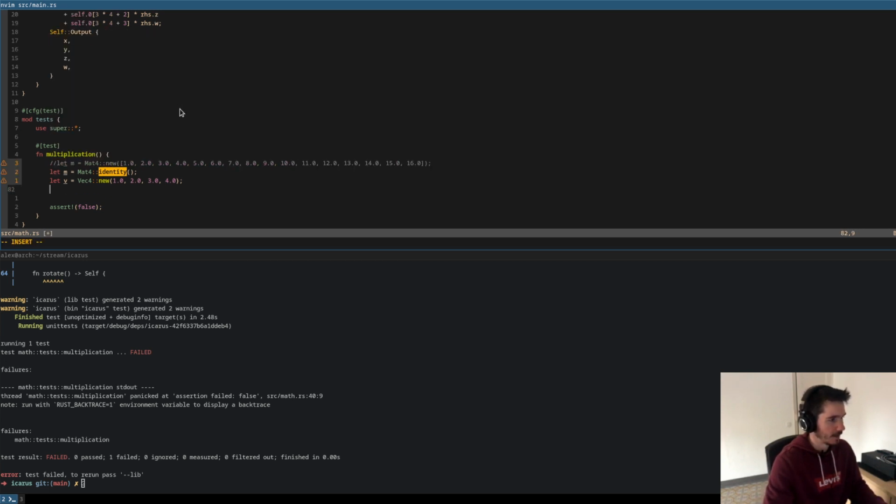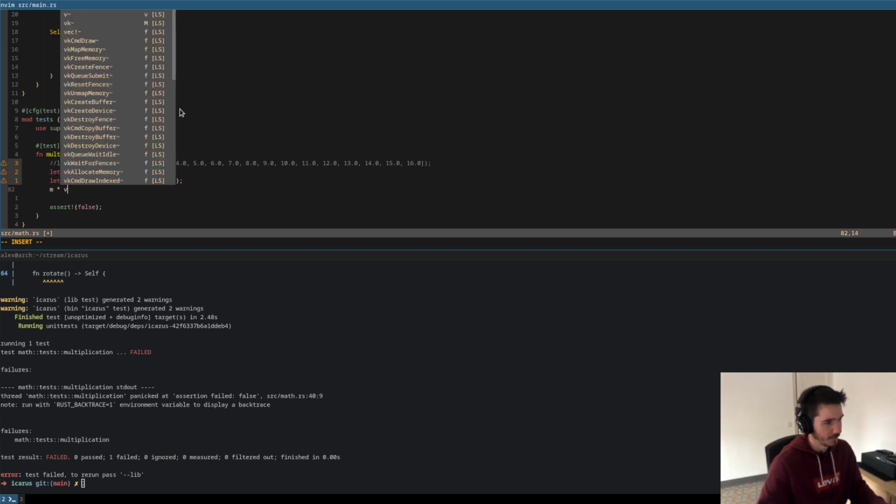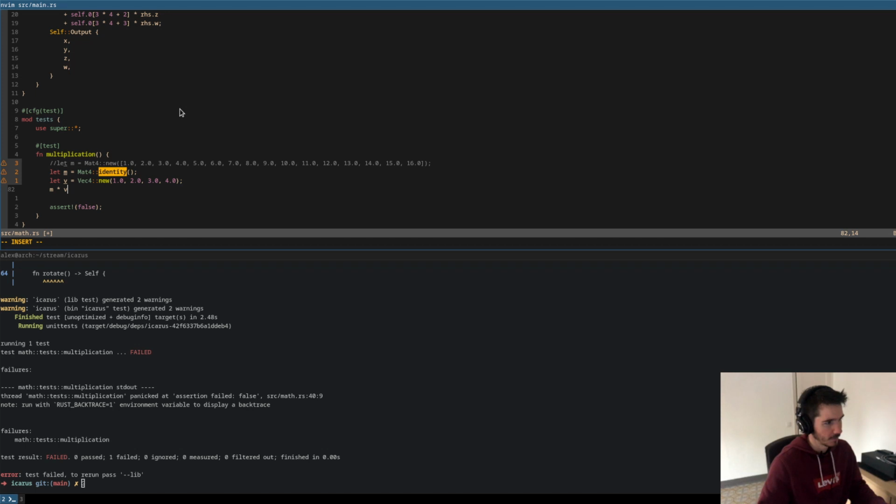If we now do n times v, we can assert equals n times v should be v, right?